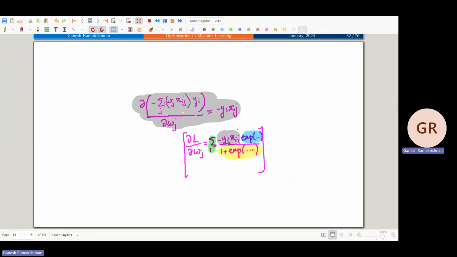The partial derivative of minus the summation over j of w_j x_ij y_i with respect to w_j means that only the corresponding x_ij and its y_i will survive, because none of the other components, which involve w_j primes, have any dependence on w_j. Is that clear? Okay, so now if I add an exp, what happens?